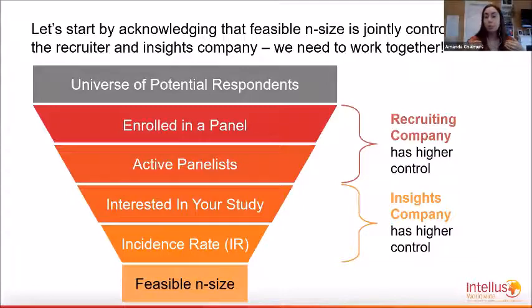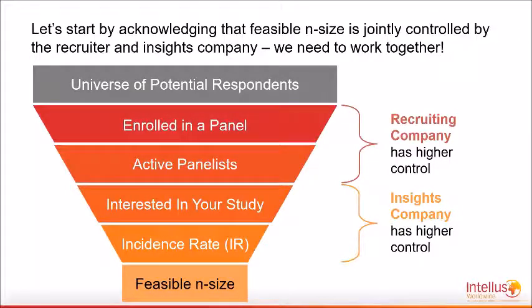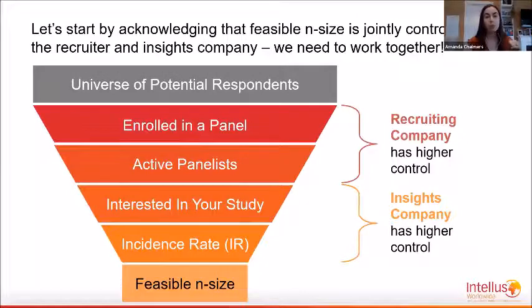So we can usually control a little bit who's interested in the study. For example, we know physicians are much more interested in a 20-minute study than a 45-minute study. And obviously paying a healthy honoraria helps. So we can help control who's interested in the study. And then of course, there's incident rate. And that's how many people pass our screener. But that's what we're going to spend way more time talking about today.